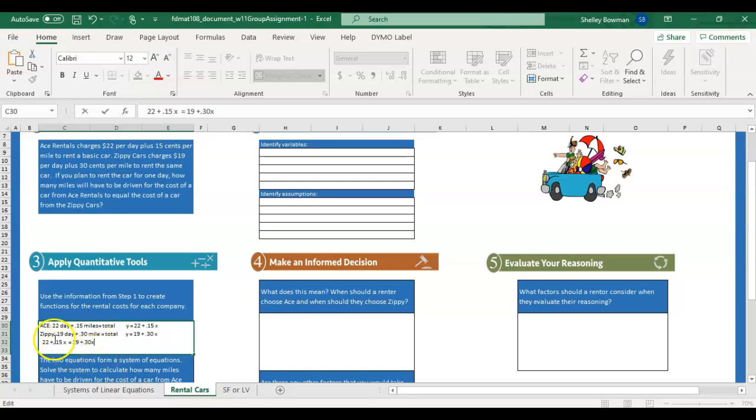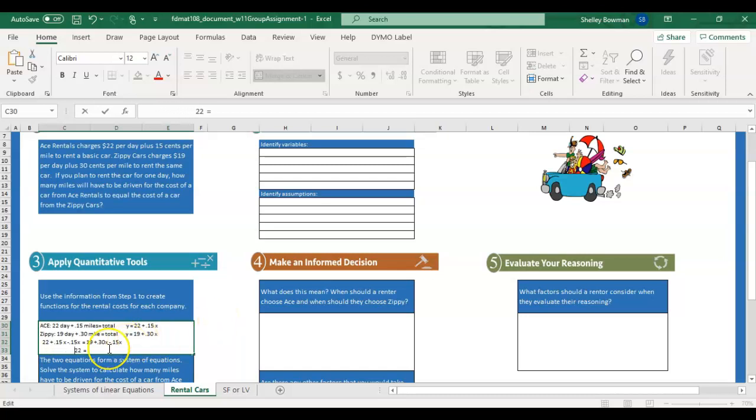So let's subtract 0.15x from both sides, minus 0.15x, and then on the left hand side these are canceled out, Alt Enter, and I have 22 equals, in fact let's move that over so that the equal signs line up.